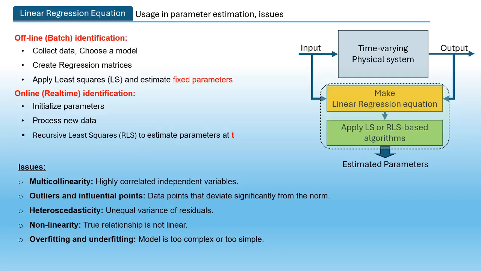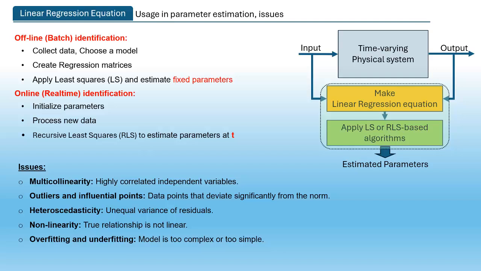It is noteworthy that linear regression can be prone to several important issues such as multicollinearity, which happens when independent variables are highly correlated. It becomes difficult to determine their individual impact on the dependent variable. This can lead to unstable and unreliable regression coefficients.